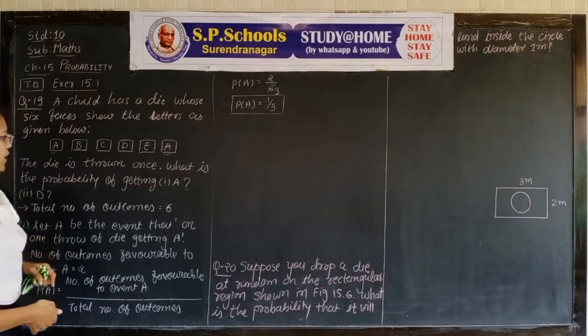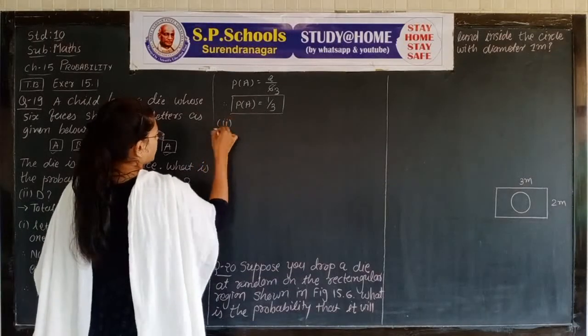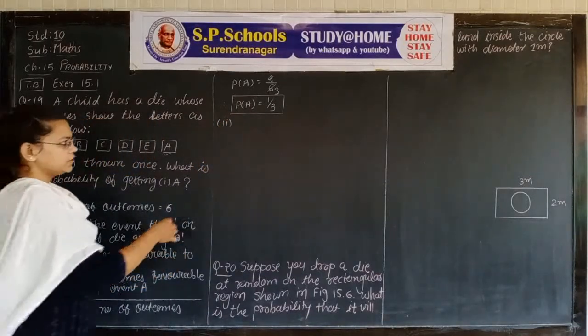Now second is D. First of all, we have to assume one event.